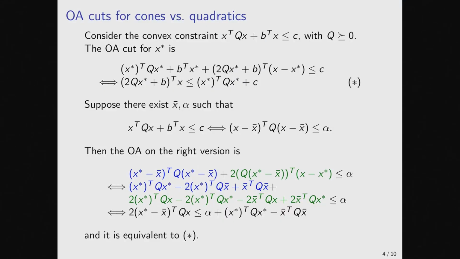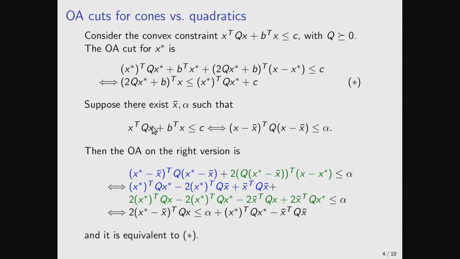This was a trivial example, but we could make it much more complicated with this wall of formulas. We can actually generalize it to any quadratic constraint with some conditions. So let's take any quadratic constraint written like this. Suppose that you can reformulate and rewrite this convex quadratic constraint, so Q is positive semi-definite.